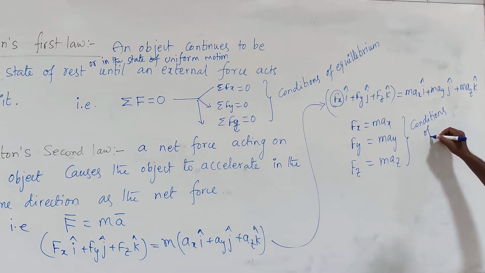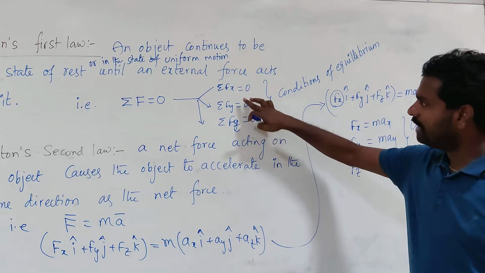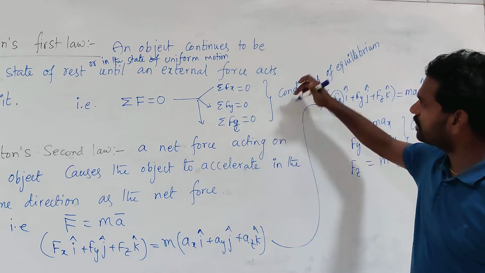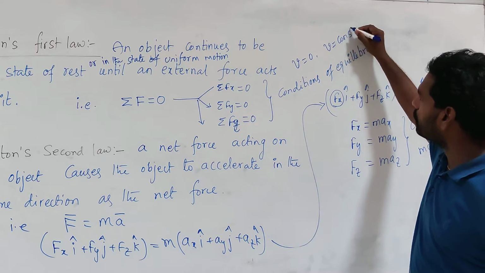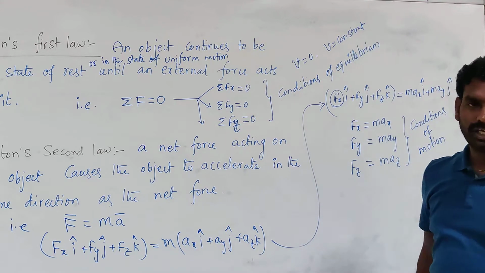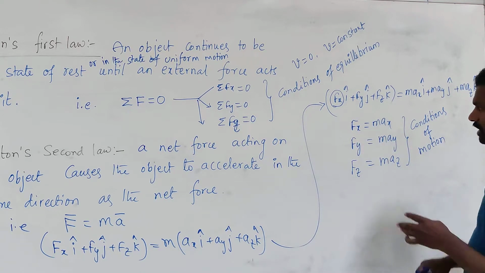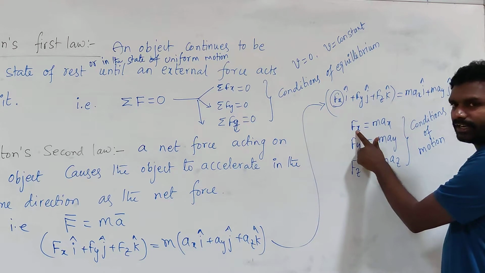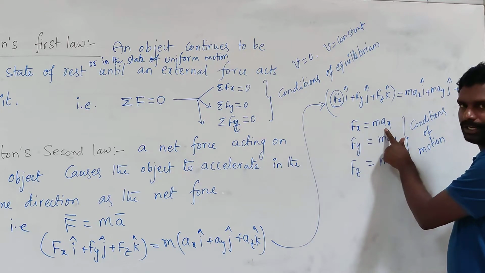So conditions of motion. If sigma Fx equal to 0, sigma Fy equal to 0, sigma Fz equal to 0, these are said to be conditions of equilibrium. We can apply these conditions when the object is at rest or the object is moving with uniform motion. We can apply these three conditions, that is Fx equal to max: if the sum of the x component of force, here the force is acting along the x axis, so the body can accelerate along the x axis, so Fx equal to max.